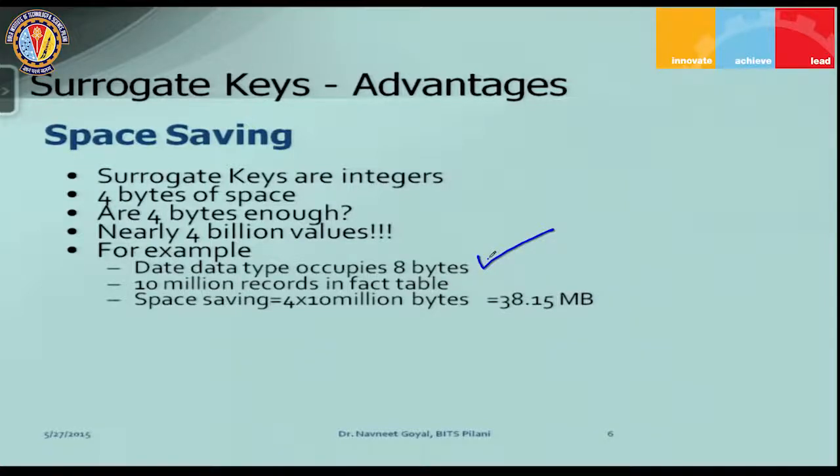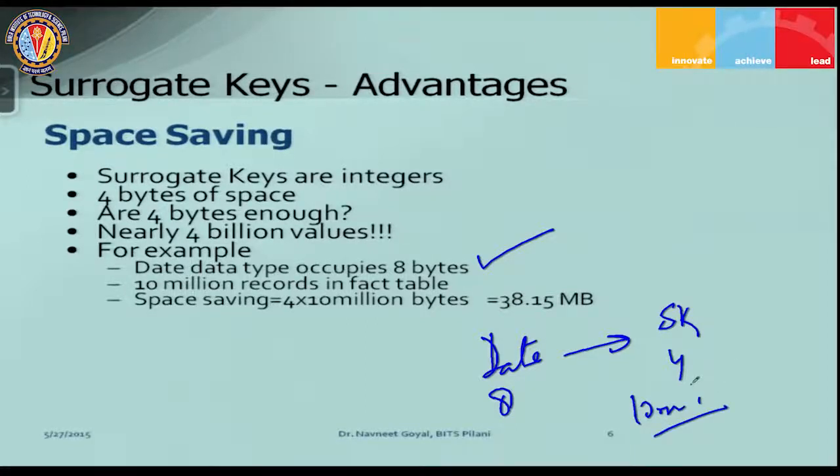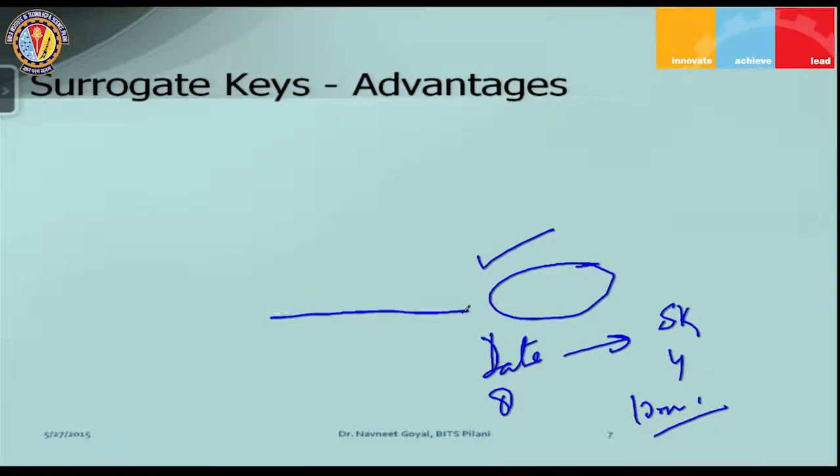If I replace this 8-byte data type with a surrogate key, which is 4 bytes, then with 10 million records I save around 4 into 10 million bytes, which is around 38 MB of space. It is not much, but you're saving this much space. So what we do in fact tables is replace all the natural keys with their corresponding surrogate keys. So that's the first advantage.